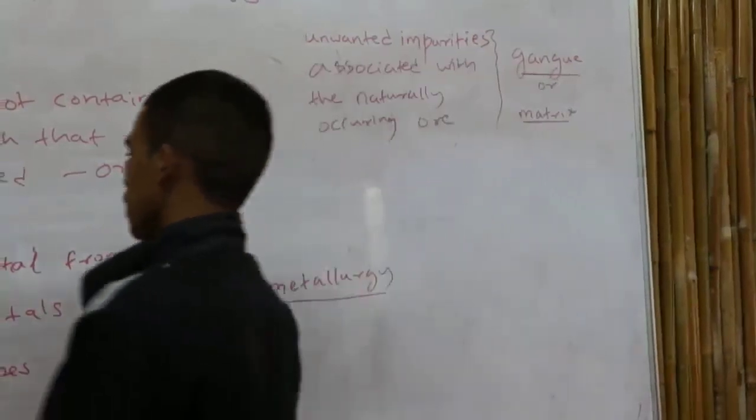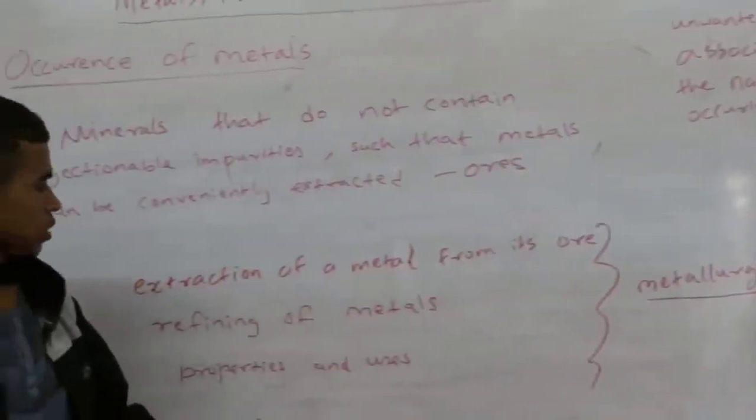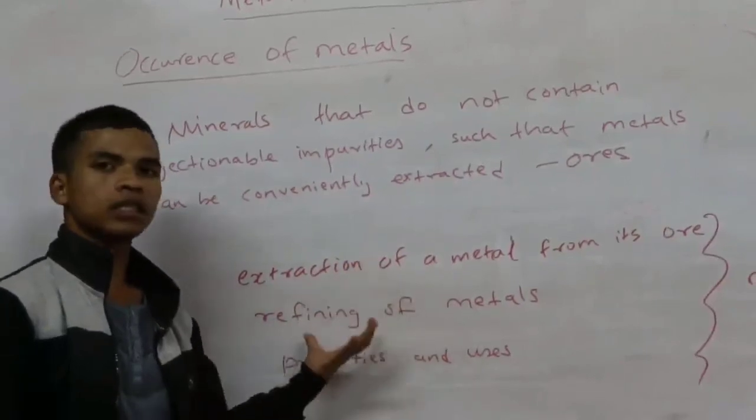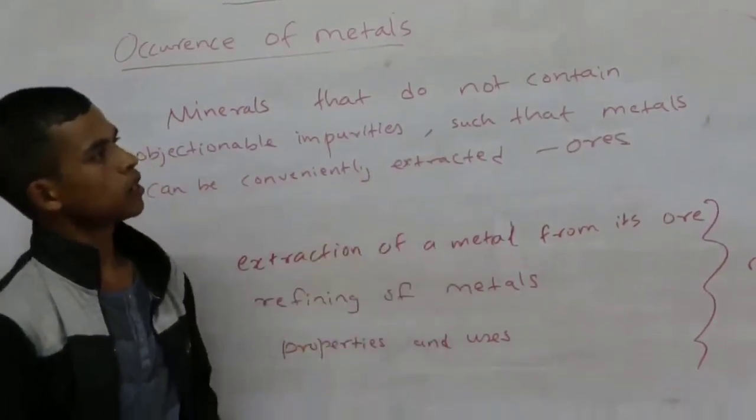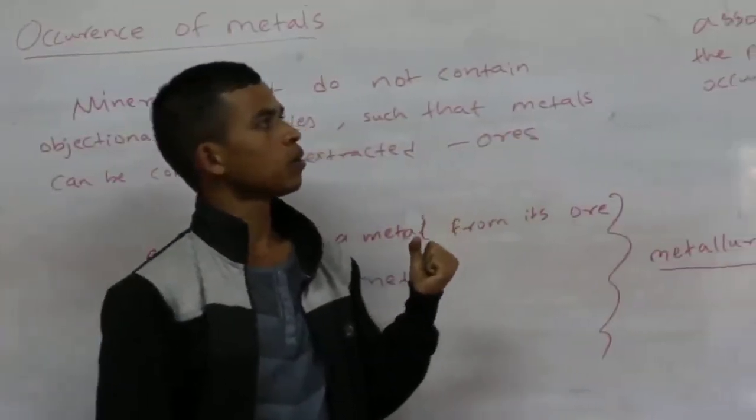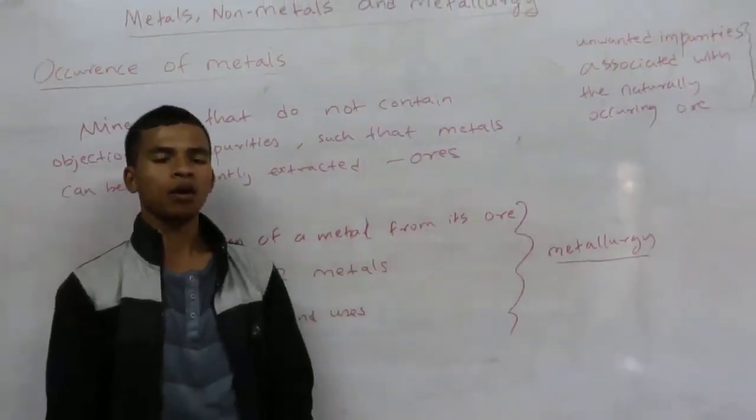So this is metallurgy, which involves all these steps, and all those impurities associated with the naturally occurring ore are called gangue or matrix.